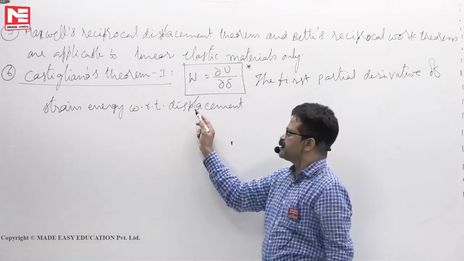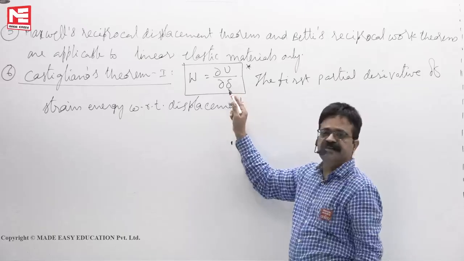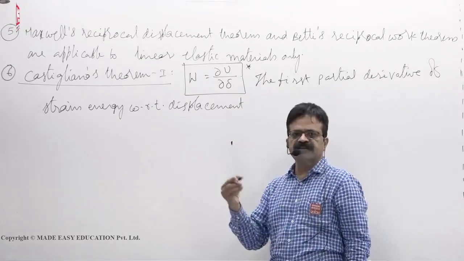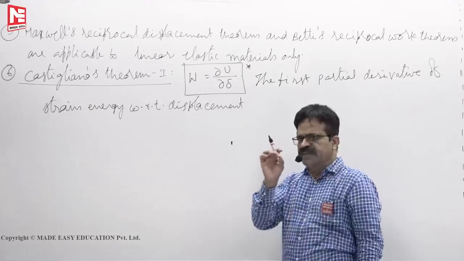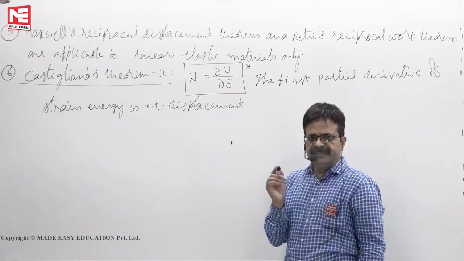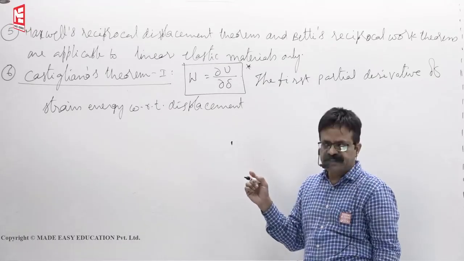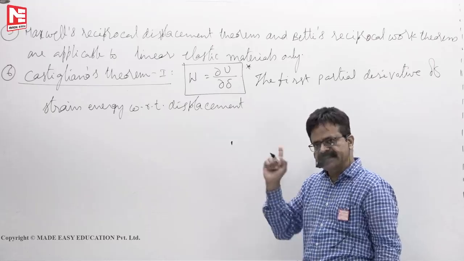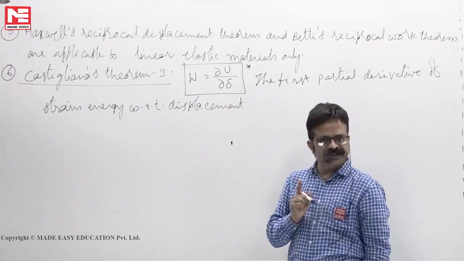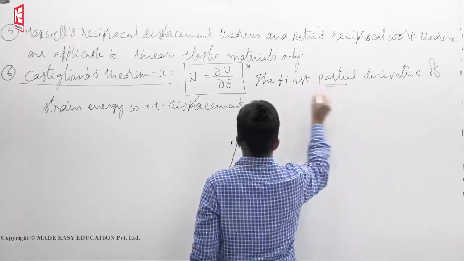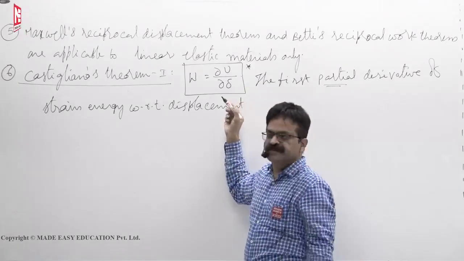In a structure there may be 10 displacements, delta 1, delta 2, delta 3, delta 4, like that, 10 displacements at 10 different locations. If you differentiate the total strain energy with respect to the first displacement, say, then you will get the resistance at the first displacement location only. Like that. That's why it is called partial, because displacements can be many.